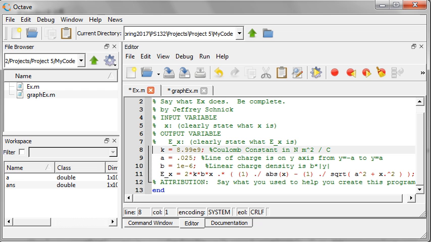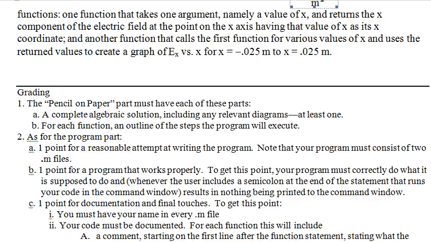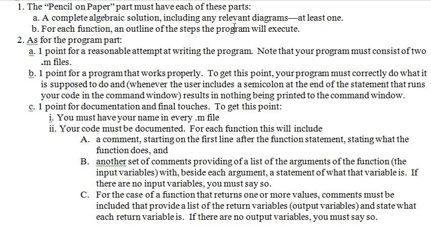I think I'm ready to look at the checklist. So, complete algebraic solution, including any relevant diagrams, and I did have one. An outline of the steps, I had that in the pencil and paper part, I'm good.